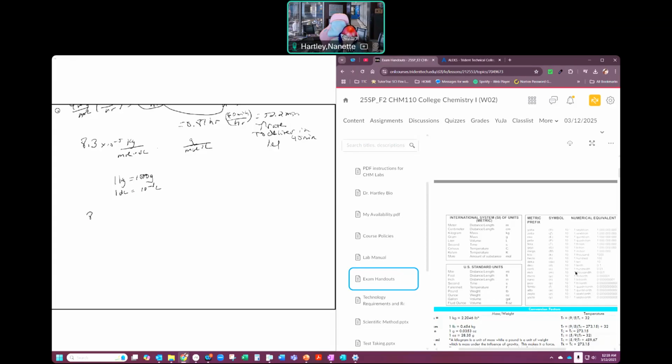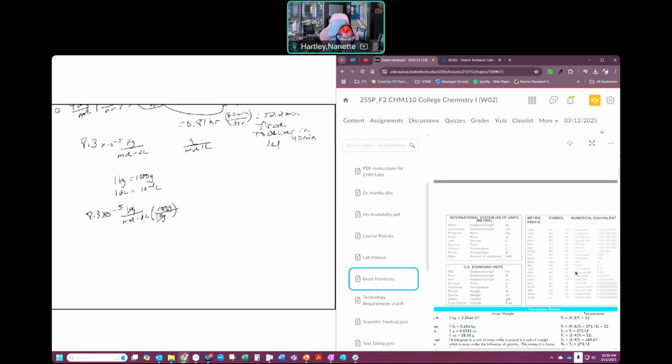And the way that I do that is 8.3 times 10 to the minus 5th kilograms over mole times deciliter. And then I know that there's 1 kilogram, and that's 1,000 grams. That will cancel the kilograms and leave me with grams.